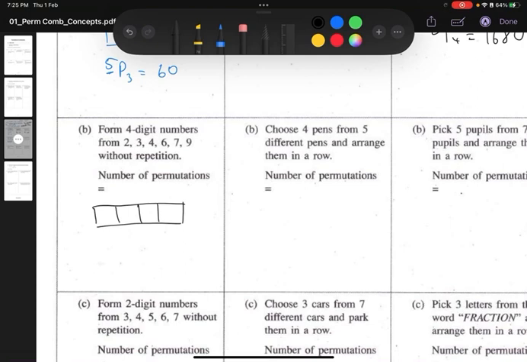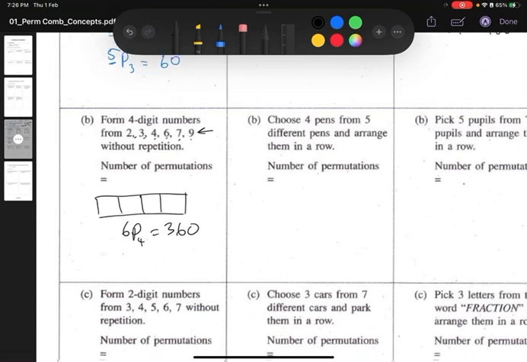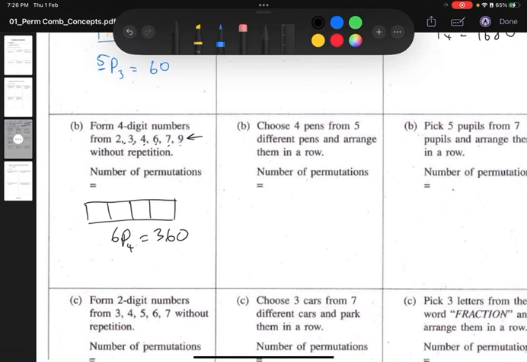So for this example, you don't really have to care about the numbers, but what you do have to care about is the order. So you have 6 numbers to choose from, and you need to pick only 4. So the number of different ways you can arrange this would be 360.